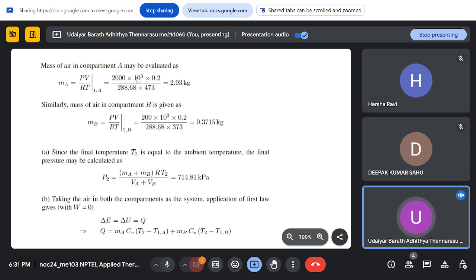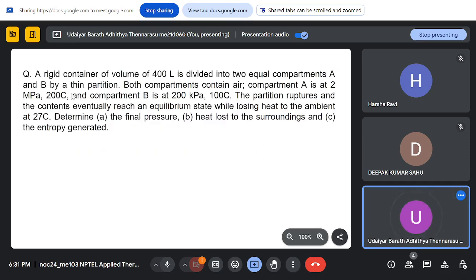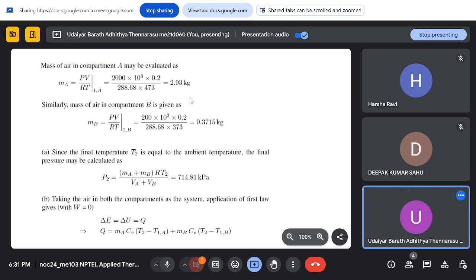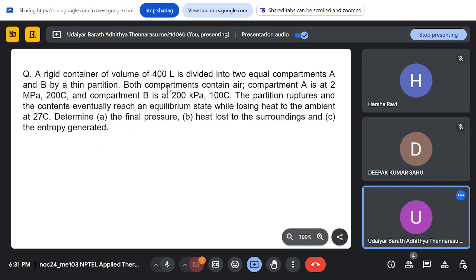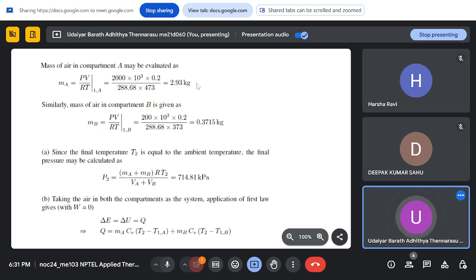The volume is divided into two equal parts, so each is 200 liters, which is 0.2 meter cube.